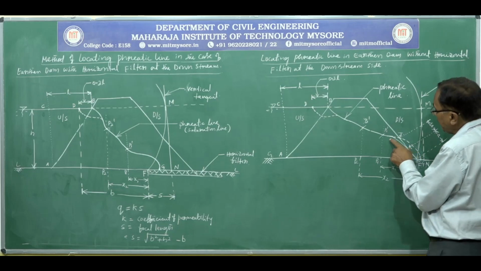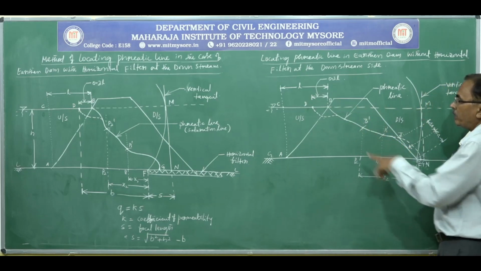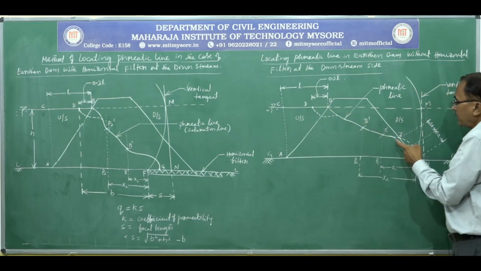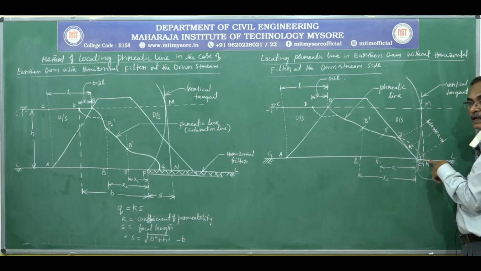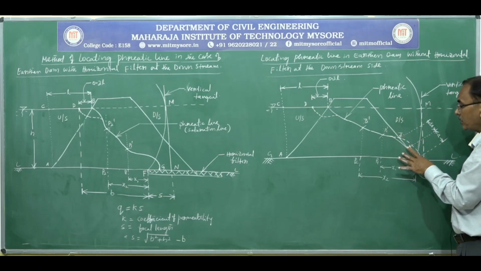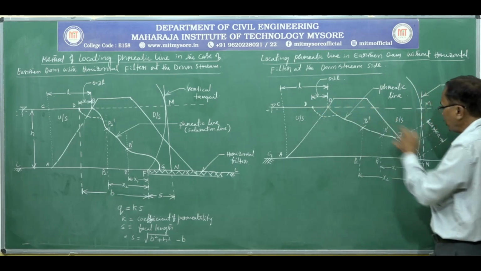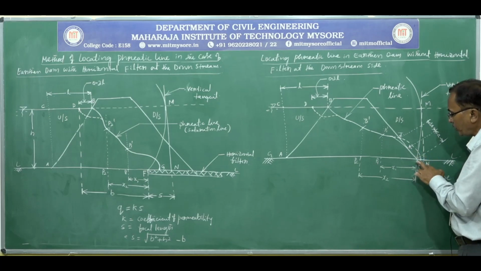You can see there are two theoretical portions here. One is the theoretical commencing point of the phreatic line, and again the theoretical ending point of the phreatic line. But in actual practice, the phreatic line will start at point B and it will merge at point K and continue up to the toe point.